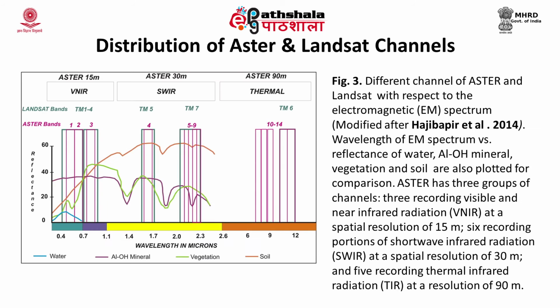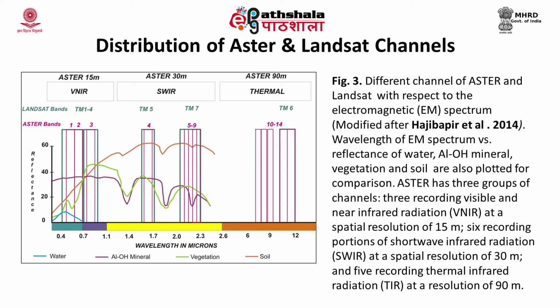Here in this diagram we can see how these Aster and Landsat channels are distributed with respect to the different electromagnetic wavelengths. So, if you look at the Aster image, you can divide it into 3 different parts. One is VNIR, that is visible and near infrared radiation, in that range it will collect information.